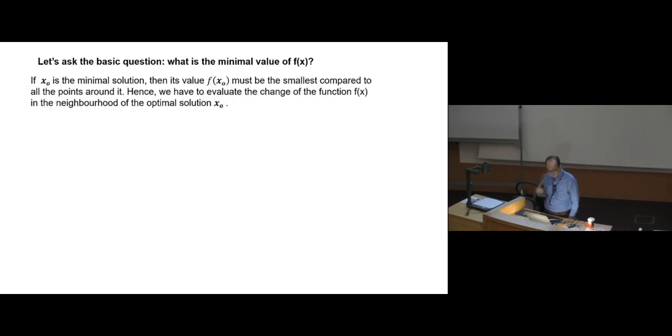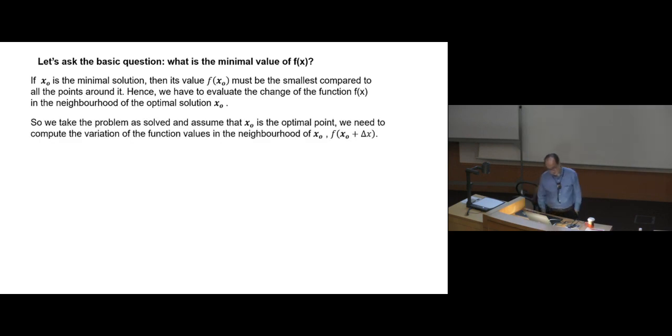So let's say if x naught is the minimum solution, then its function value f(x naught) must be the smallest compared to all the points around it. Hence, we have to evaluate the change of the function in the neighborhood of the optimal solution and verify that indeed it satisfies this condition.